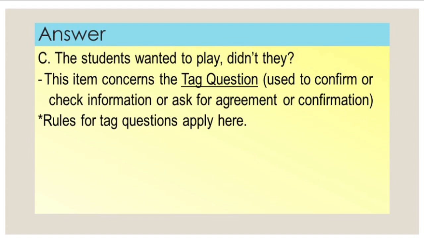Now, if we are going to recall, there are rules for tag questions. To answer this item, we are going to recall the rules. Very important here is to see that the tag question is negative because the statement is positive. So, what is it? It is option B. The students wanted to play, didn't they?